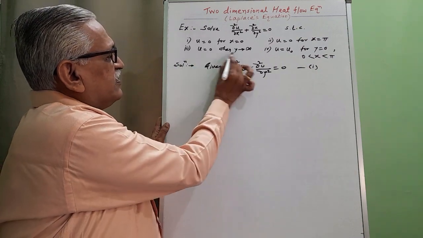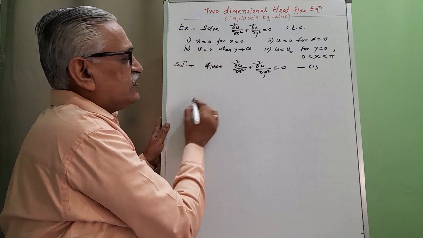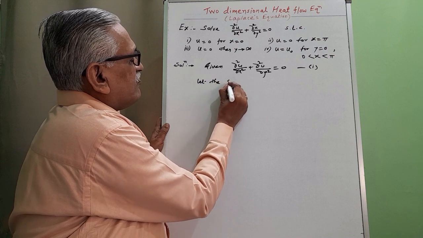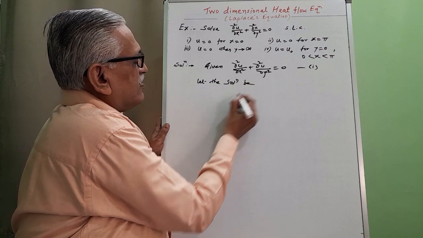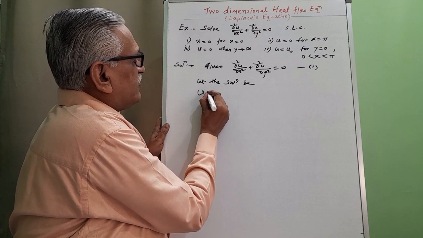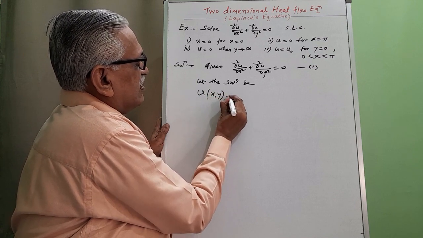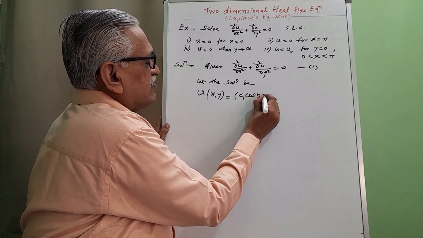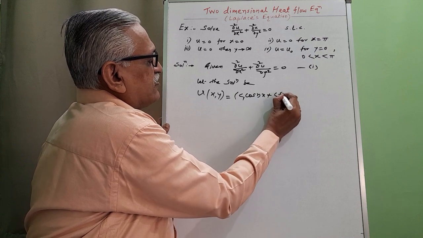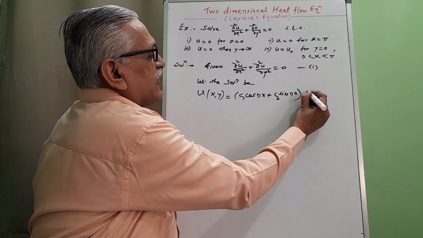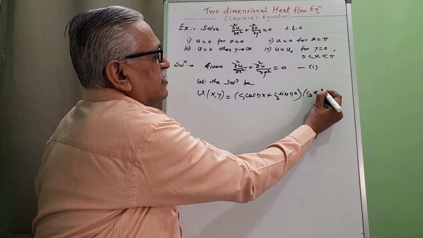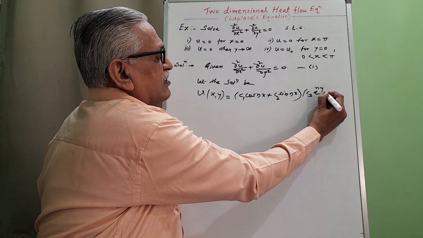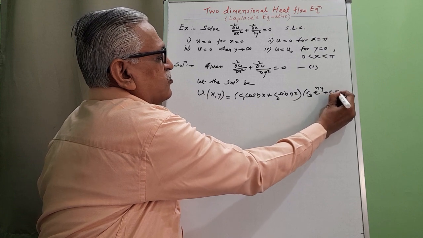And as the condition is when y tends to infinity, u is 0, we consider the solution to be u, which is a function of x and y, as (c1 cos nx + c2 sin nx) multiplied by (c3 e^(ny) + c4 e^(−ny)).